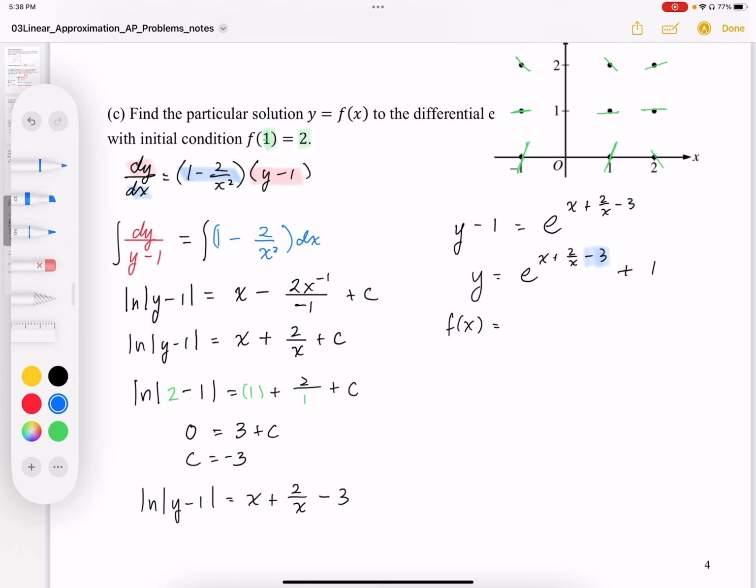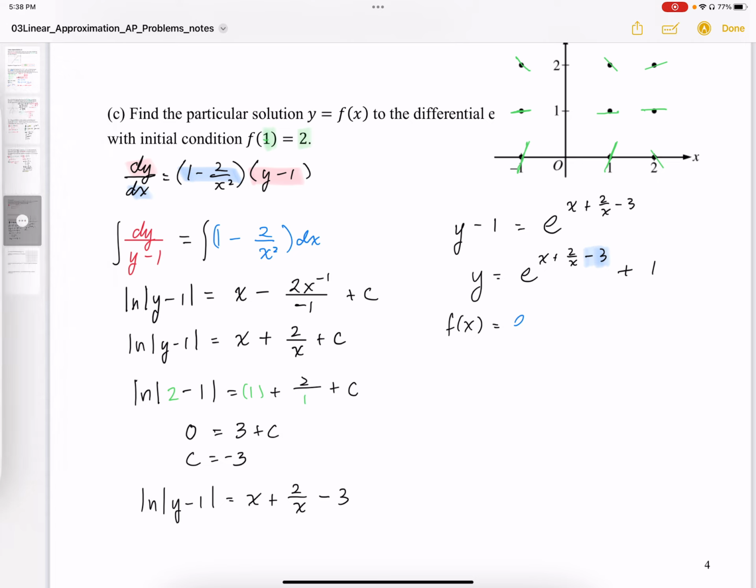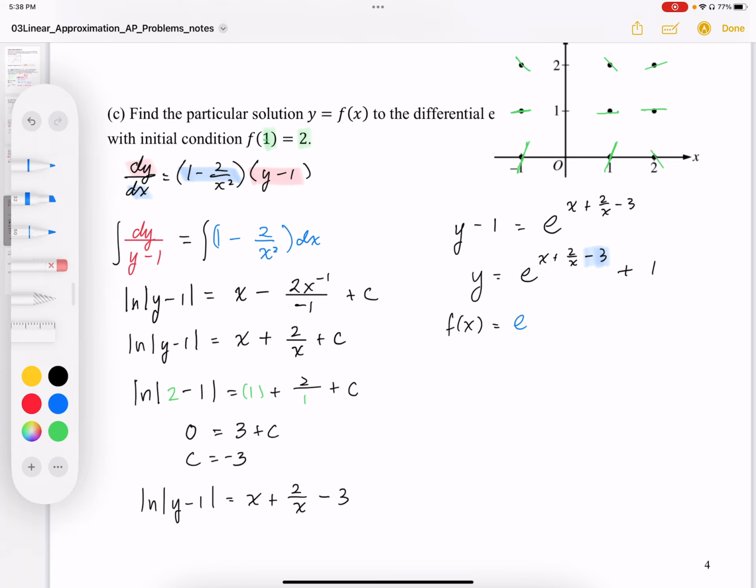And when I rewrite that as a coefficient, that becomes e to the negative 3, or 1 over e cubed, as the coefficient on there, and then times e to the x plus 2 over x, and then the plus 1. That was from that y minus 1, and there's the solution that passes through that point, 1, 2.